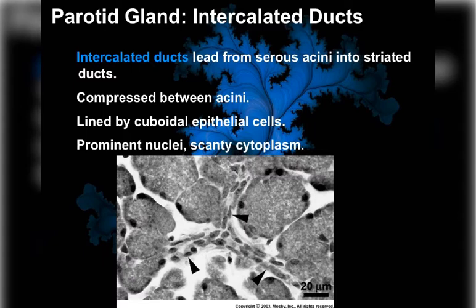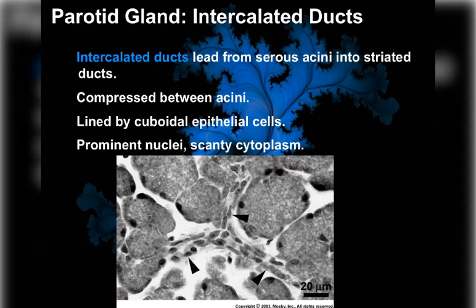Starting with the intercalated ducts, the smallest, they lead from serous acini into striated ducts. They lead from the lumens of the secretory end pieces to the striated ducts.